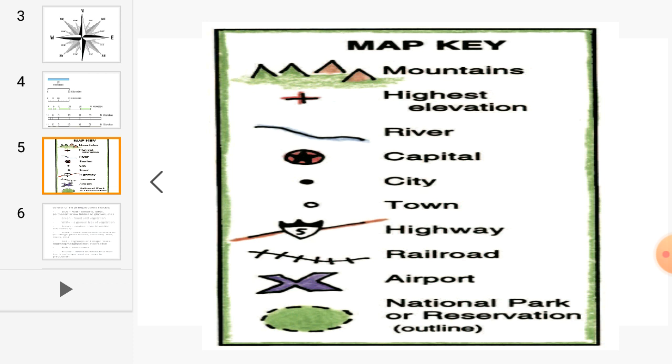The highest elevations, the river, the capital city, the cities, the towns, the highways. Whenever you go through the highways, you find all such types of symbols. The railroad, the airport, the national park reservations. So these are the important symbols which we can see on the map.